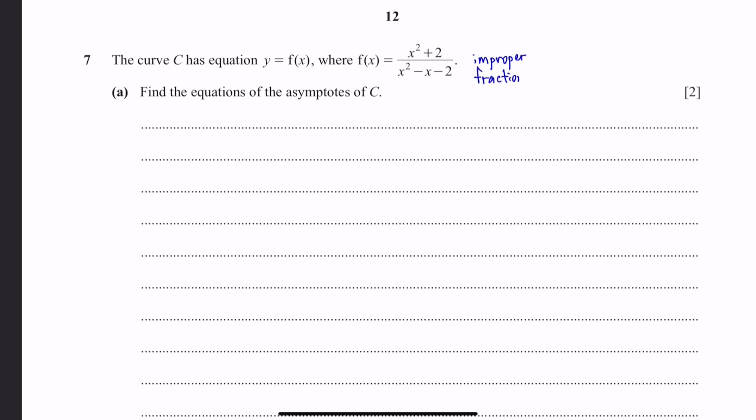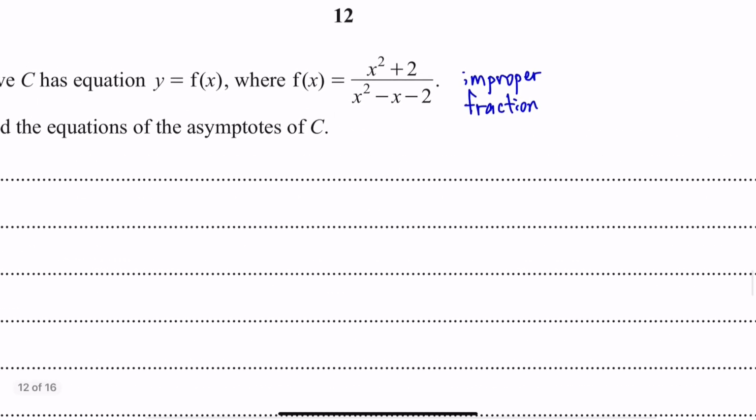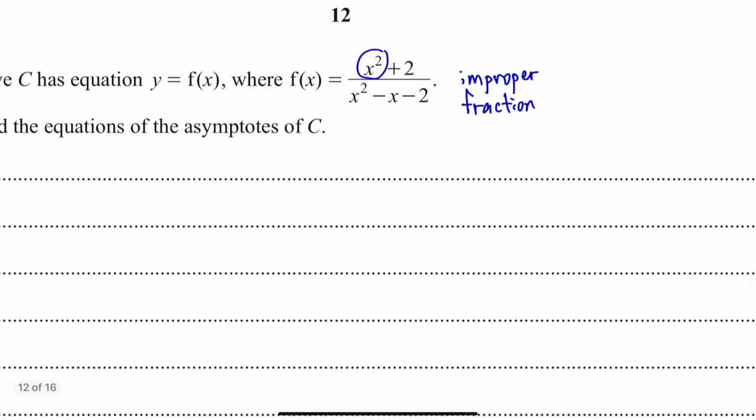Improper fraction means that the degree of x in the numerator is either the same as or larger than the degree of x in the denominator.